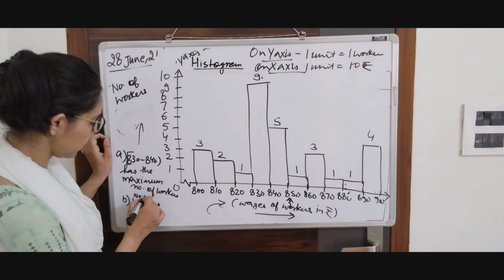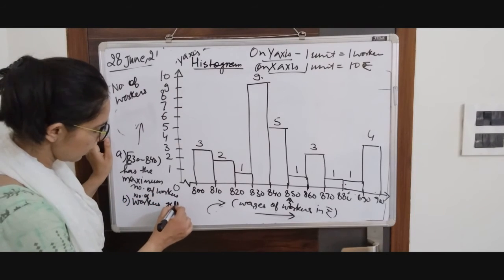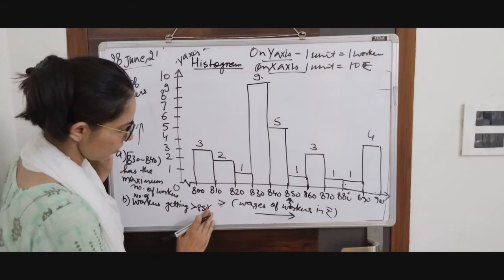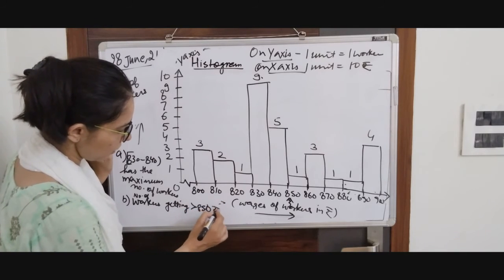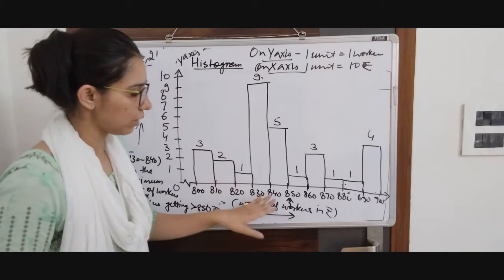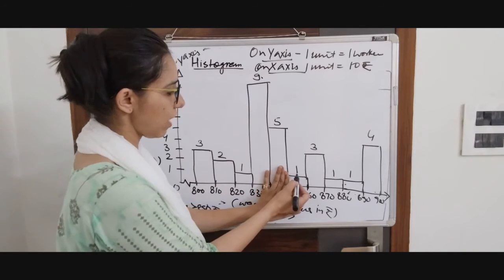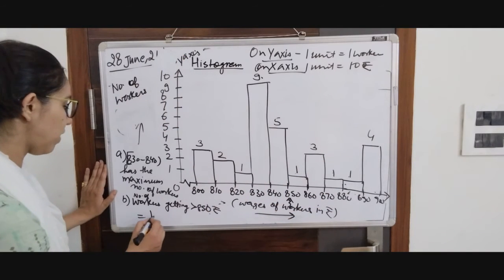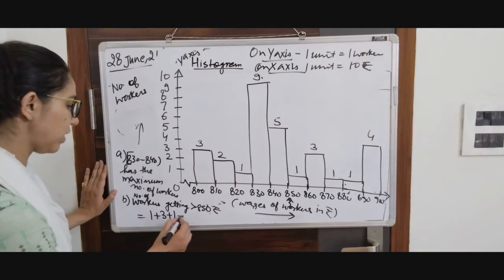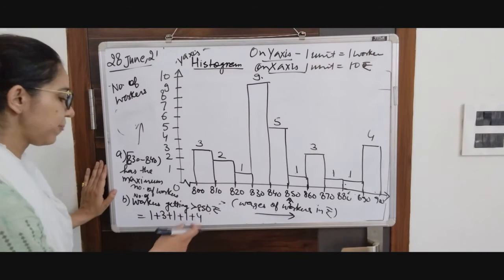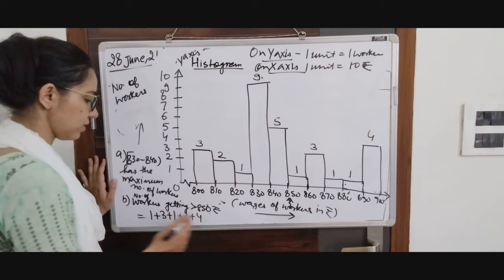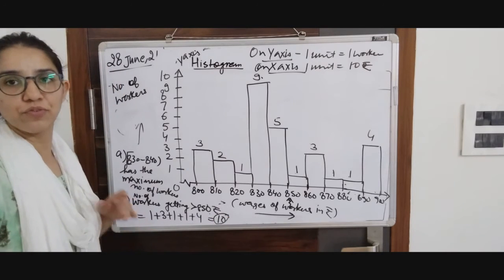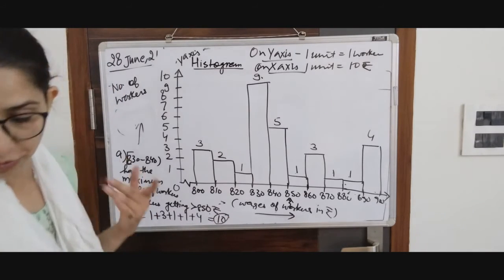Number of workers getting more than 850 rupees, we will add them up: 1 plus 3 plus 1 plus 1 plus 4. It is going to be 4, 5, 6 and this. It is going to be 10 workers. 10 workers are having their wages more than 850.